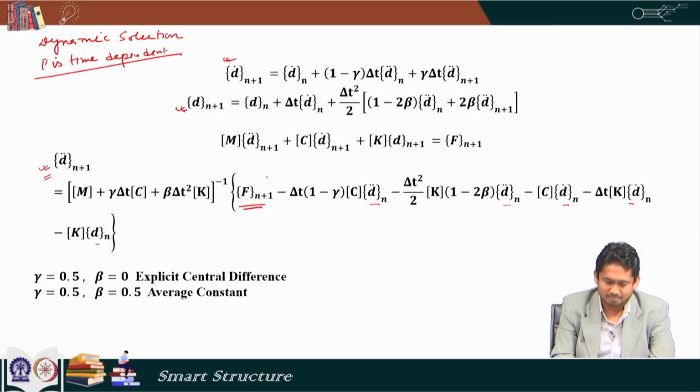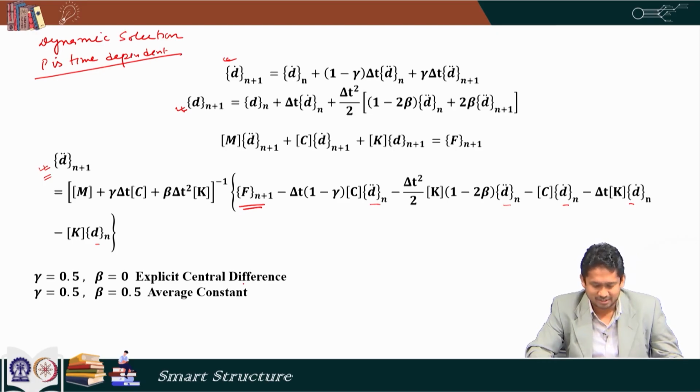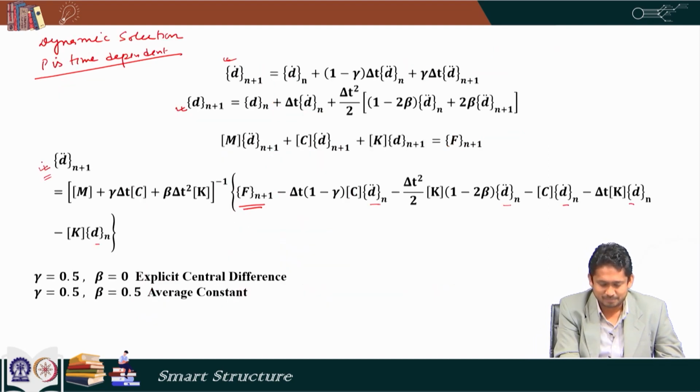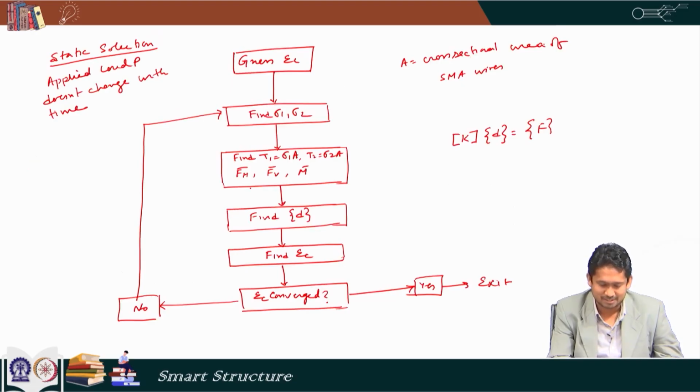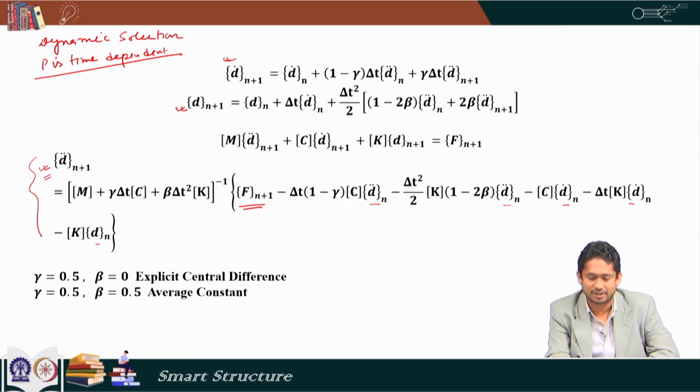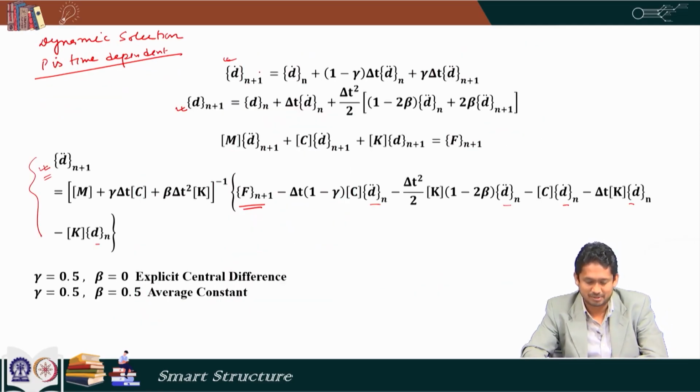Now, to do this again we do the same procedure. So, whatever iteration we defined here, that entire iteration has to be done to solve this equation. So, for solution of this equation, this iteration has to be repeated. So, within each time step we have to find out d double dot at n plus 1 by this kind of iteration, and after that we can find out d dot and d n plus 1.